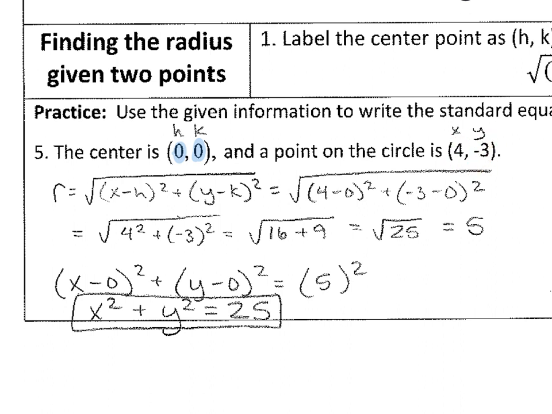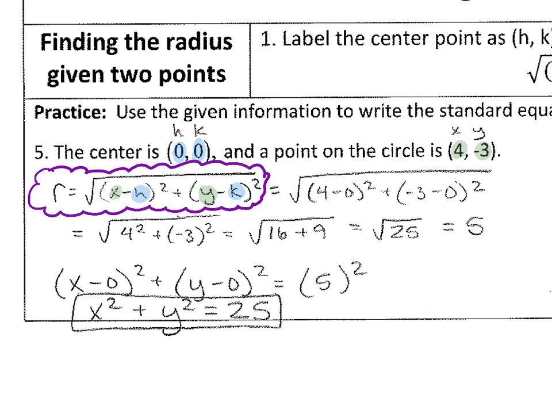This equation I have here that's solved for the radius is what we wrote at the top of the paper. So this is the formula to find the radius. All I need to do here is plug in those blue numbers I got for h and for k. And then I'll use the x and the y value as x and y.